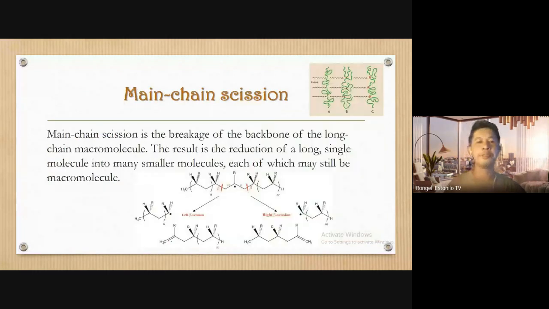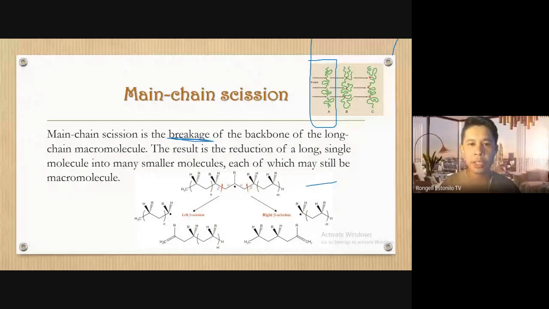Okay, so we said earlier, like for example, in this illustration, in letter A, this is a main chain scission. So main chain scission is breakage. So we have the blue breakage.